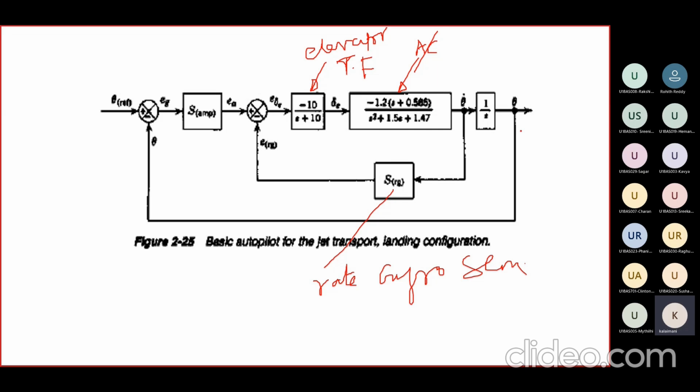So today we try to sketch the root locus for the inner loop of the basic autopilot landing configuration system. This is your inner loop. This is your outer loop.